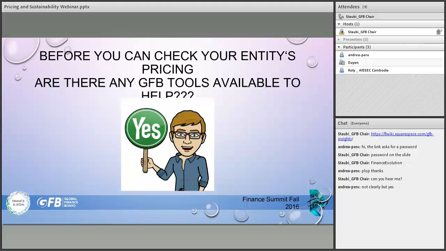The GFP has some pricing tools available, which were released actually two weeks ago. We have a GFP tool and a sustainability analysis tool for you, and a GFP pricing report where you can find the entire methodology and how to use these tools.